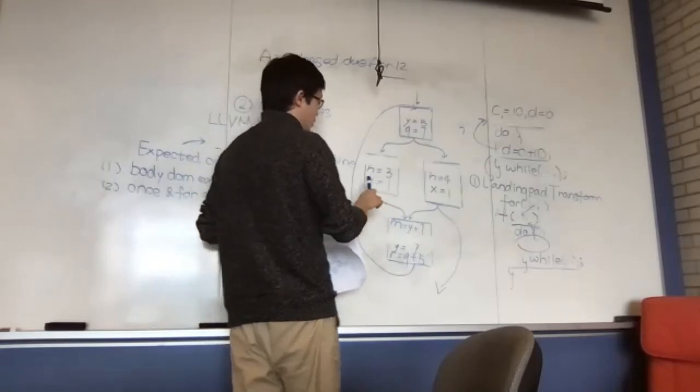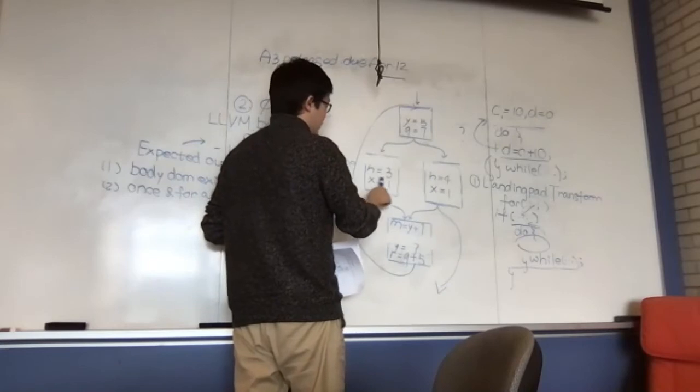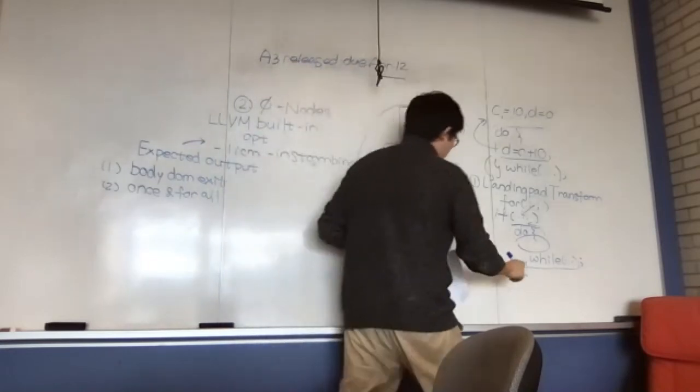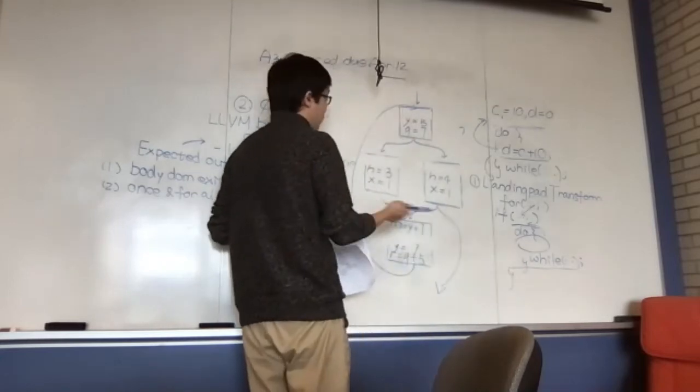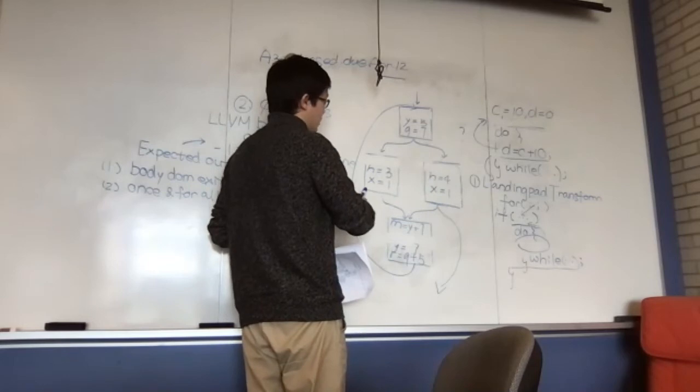Because in the loop body we have two definitions for H here, let's erase H. Similarly for X, some might claim that the definition for X is the same as one here.